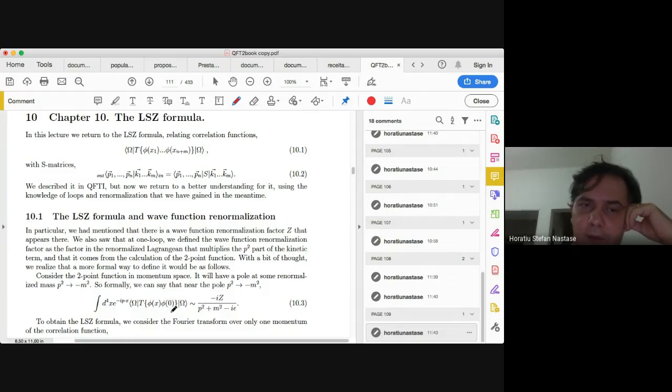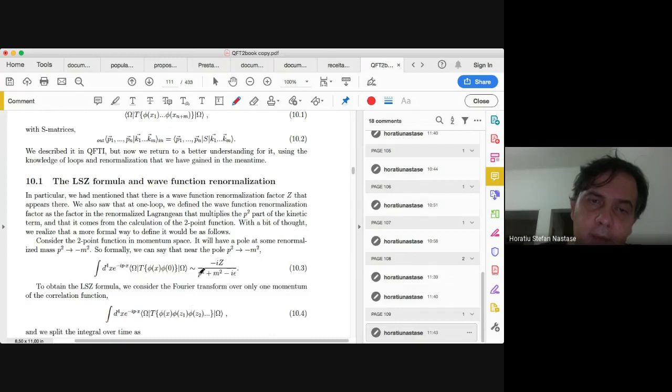We have the two-point correlation function in the true vacuum of the theory, and we make a Fourier transform to momentum. But when we do this, the momentum is arbitrary. However, let's go to near the pole, near the mass shell, where p squared goes to minus m squared.